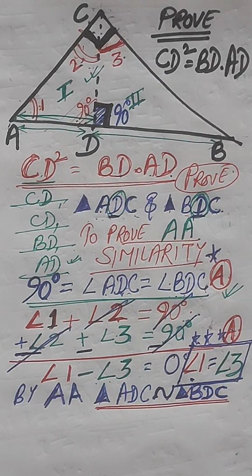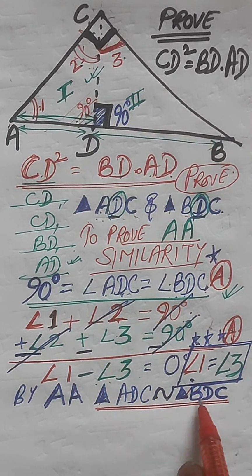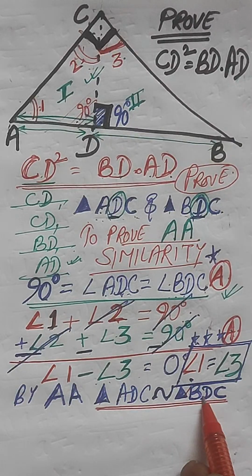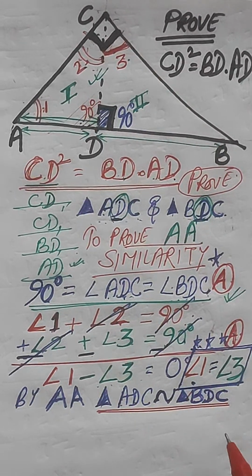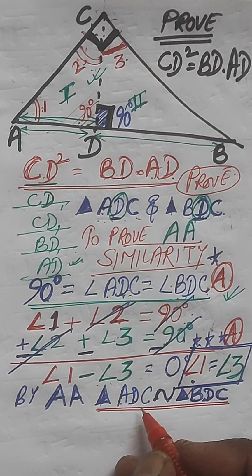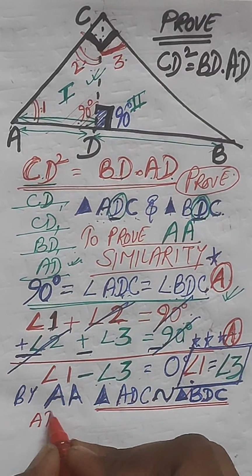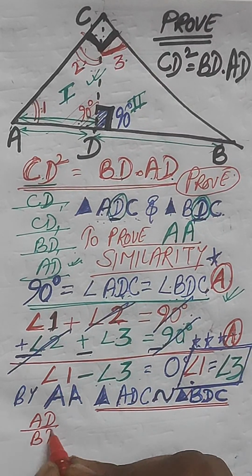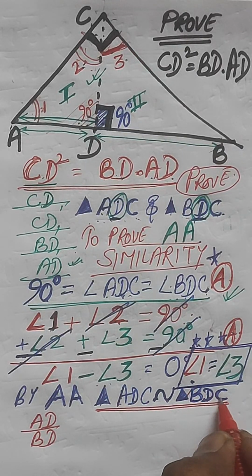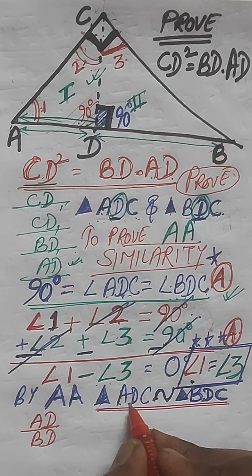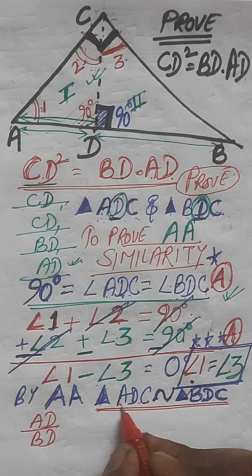If these two triangles are proved as similar, we can write the respective sides: AD by BD is equal to CD by CD. CD by CD will not be taken. So this sequence of naming the triangle is not okay. Why not okay?